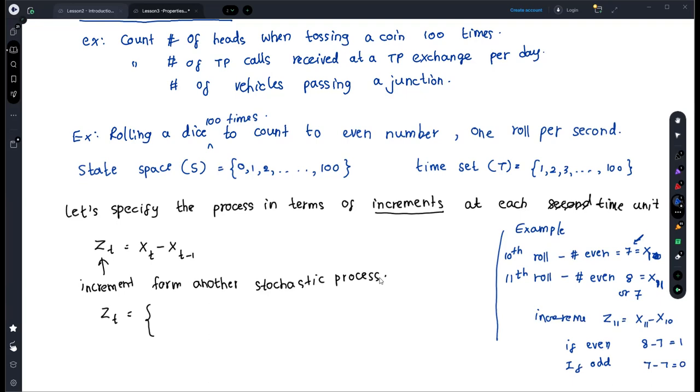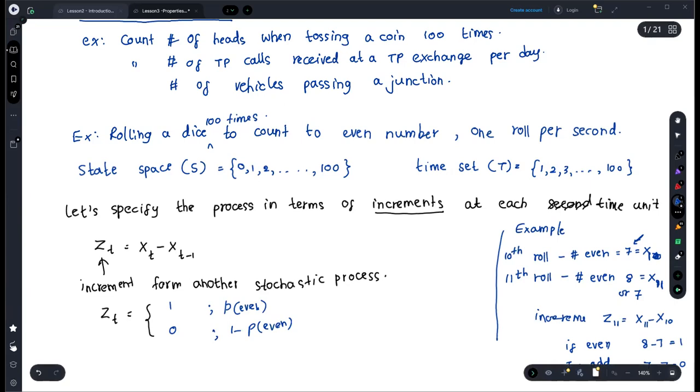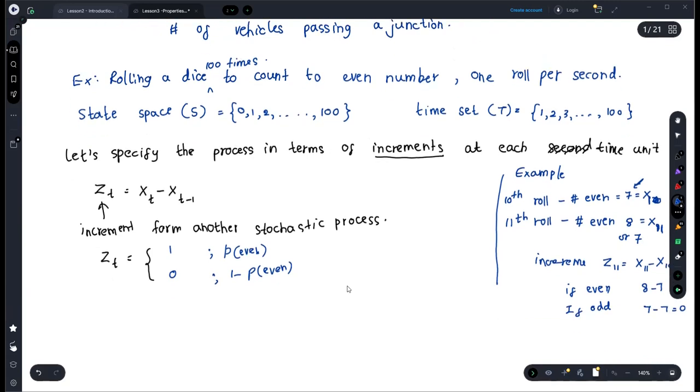So ZT can be either 1 or 0. 1 has the probability of getting even, and 0 is 1 minus the probability of getting even. So in this case, it will be 0.5 and 0.5 if it is a balanced dice. So you can define your new stochastic process ZT, that is for the increments.